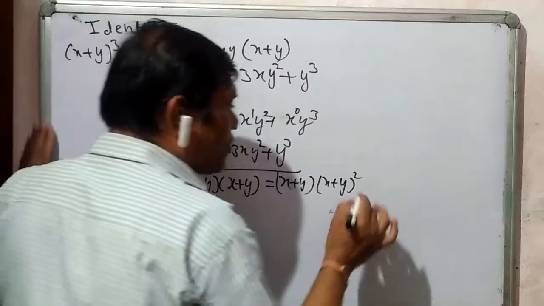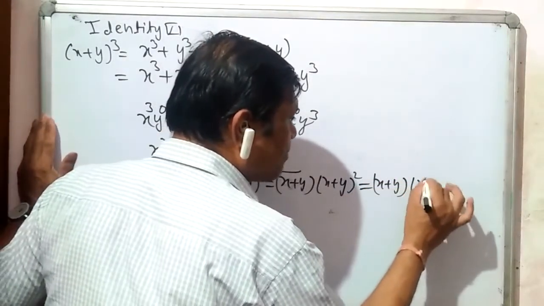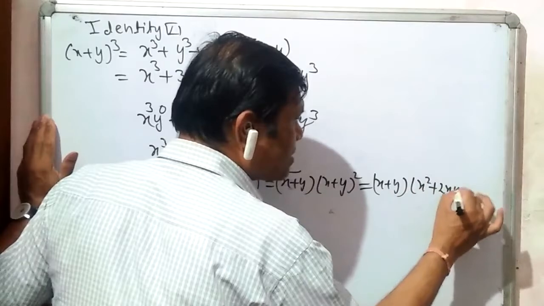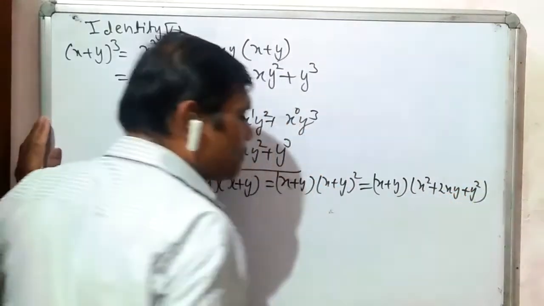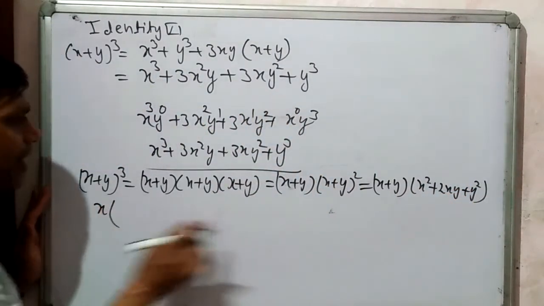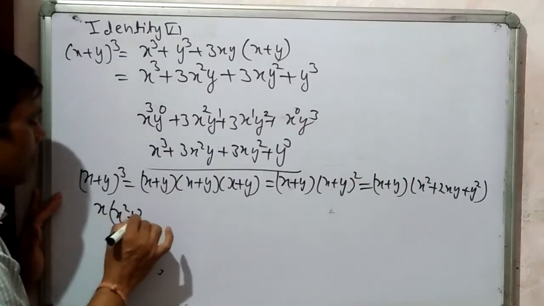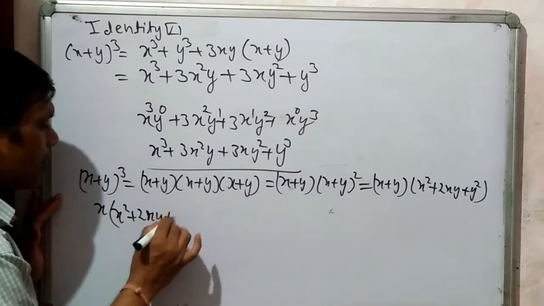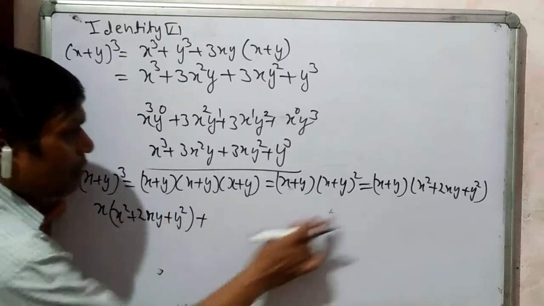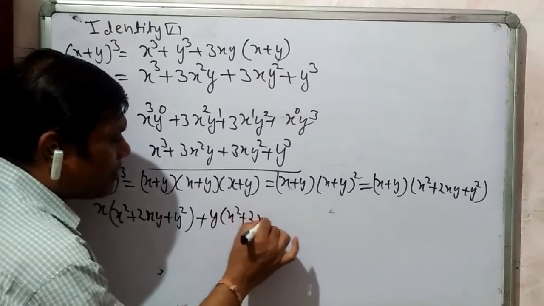We know the identity for x plus y whole square. It is x plus y multiplied with x square plus twice xy plus y square. We know to multiply this bracket, we take this one x and multiply the whole bracket. We take the second term y and multiply the whole bracket.